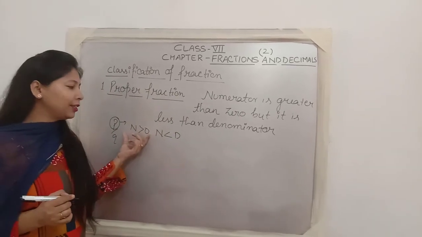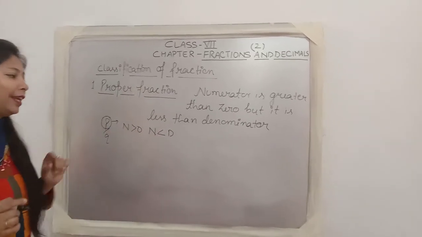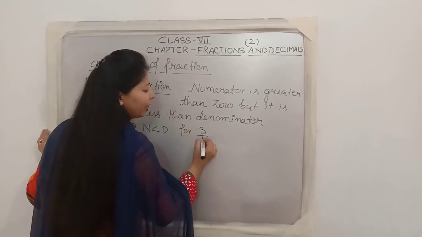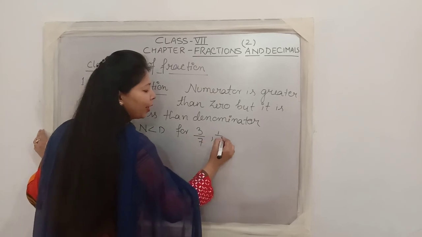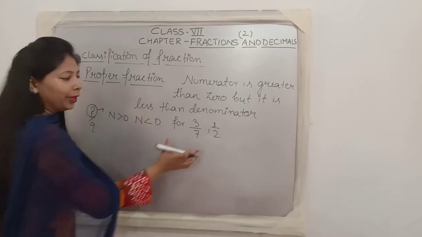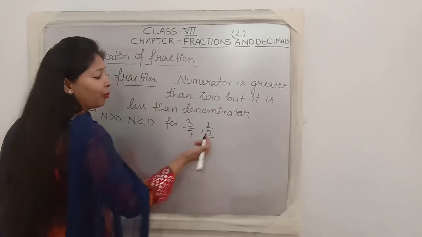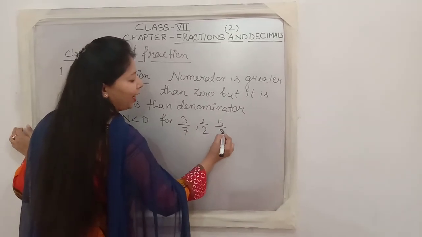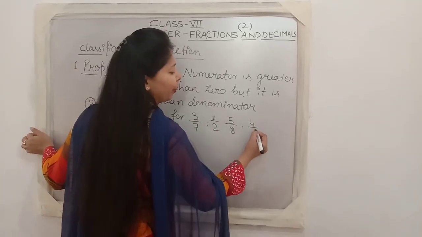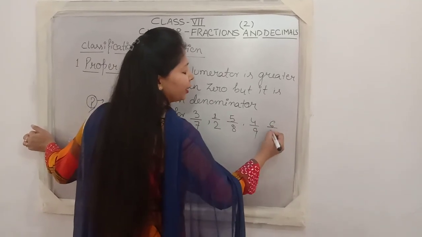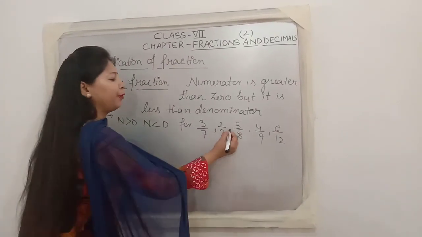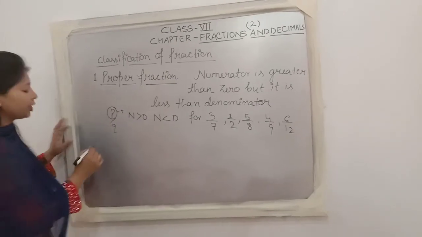Numerator should be greater than 0 but numerator should be less than denominator. For example, देखिए, 3/7, 1/2. Here the numerator is greater than 0 but it is less than the denominator. 5/8. You can write so many examples of proper fractions. 4/9, 6/12. All these are examples of proper fractions. Hope this definition is clear to you.